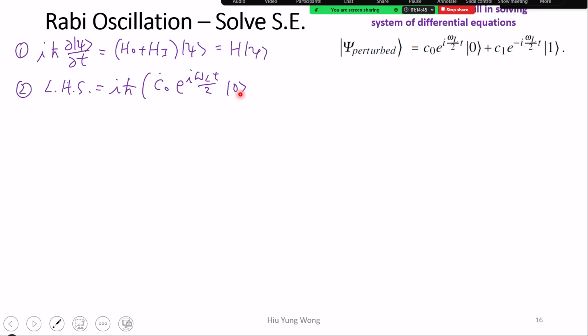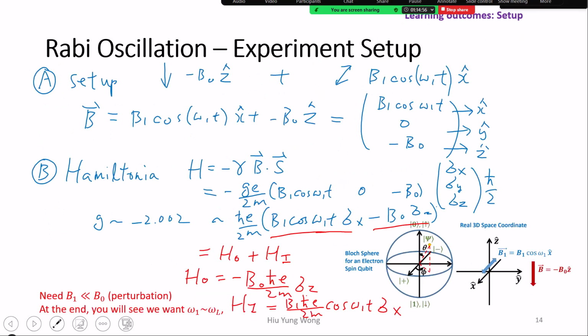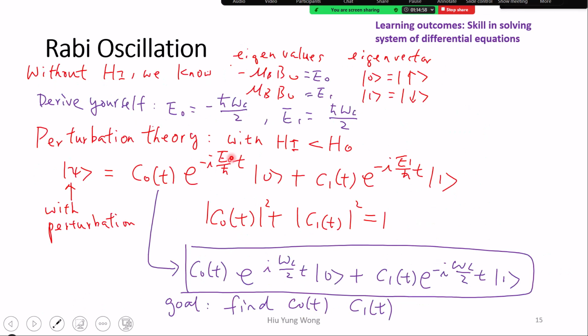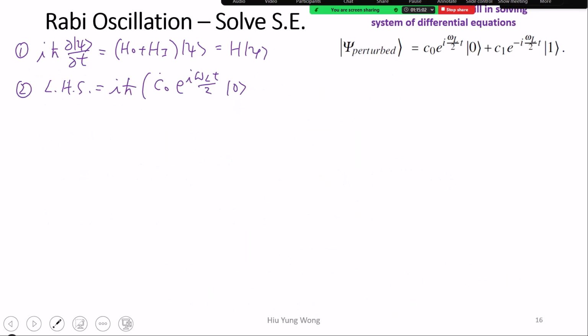Am I done? Well, I want to differentiate this term. Now I differentiate C0. What else do I need to do? This one is plus, because it was negative E0, but E0 was negative, yeah. So I want to differentiate this term. Is it complete? What else? Do another term, right? Because of the, what do you call, not chain rule.